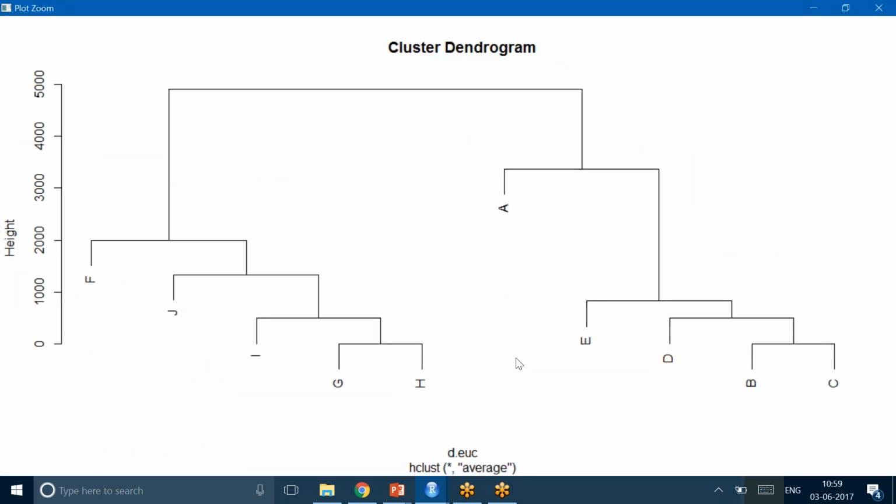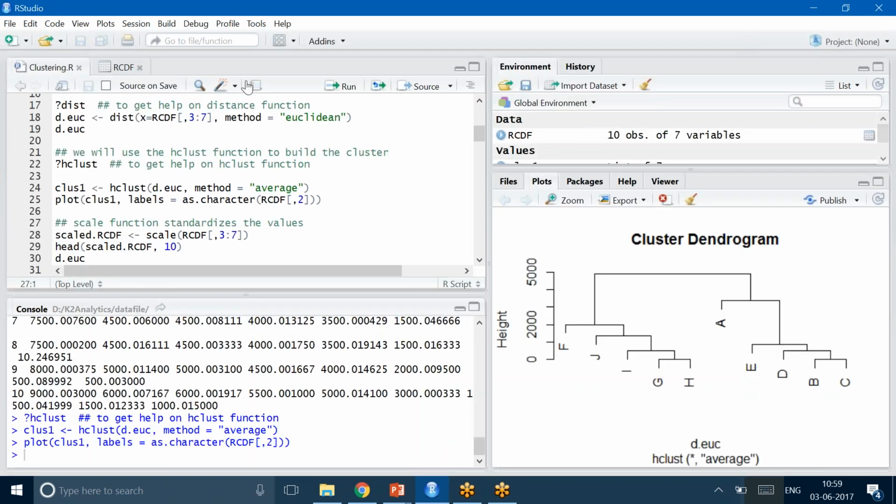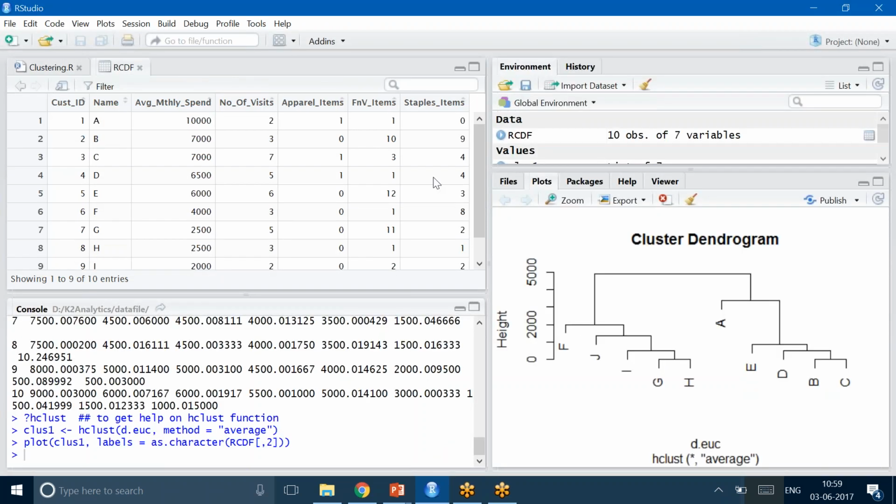So here I've got the clustering. It shows A, B, C, D, E on one side, and F, G, H, I, J on the other side. This entire data was set up intentionally in a particular format, because of which it has come this way. It has put A, B, C, D, E on one side: 10,000, 7,000, 7,000, 6,500, 6,000.